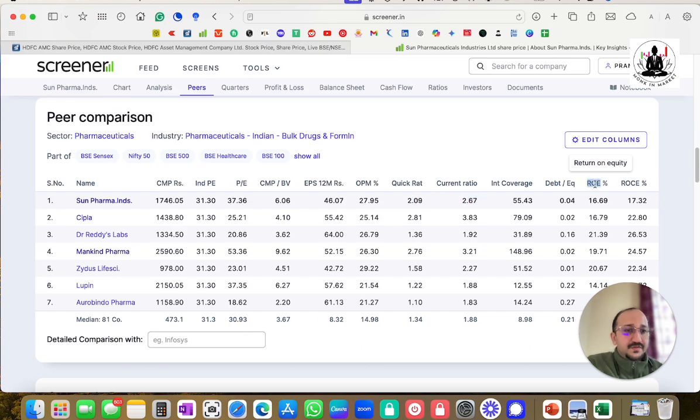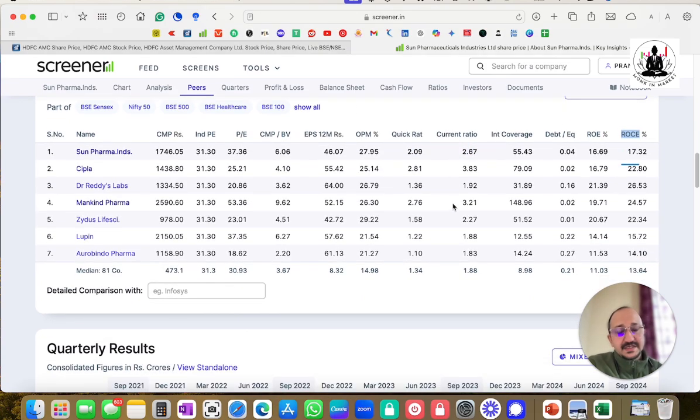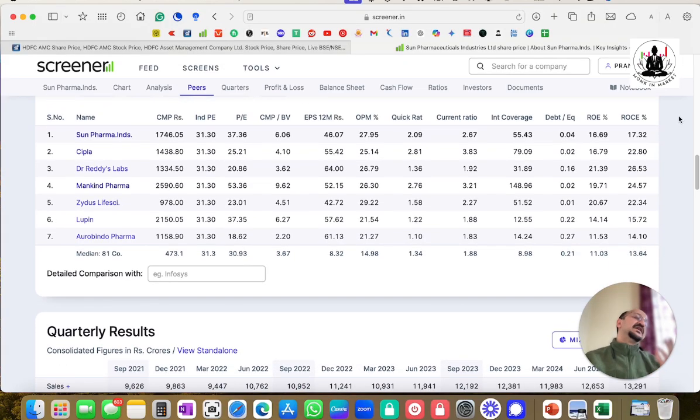Now, let's see over here, guys. There are two terms over here, return on equity and return on capital employed. See, guys, whenever we talk about capital, capital could be from equity, capital could be from debt. Equity is good, debt can be risky. So in return on equity, we are taking only equity as the parameter. Debt is not included over here.